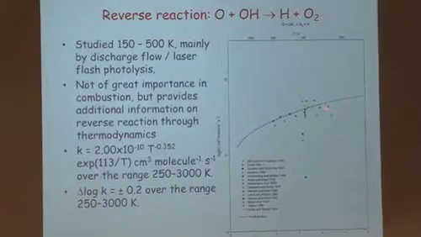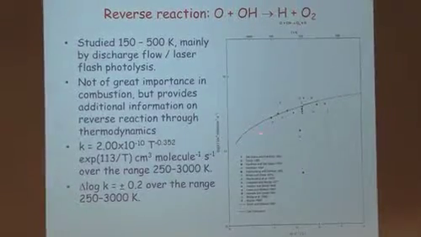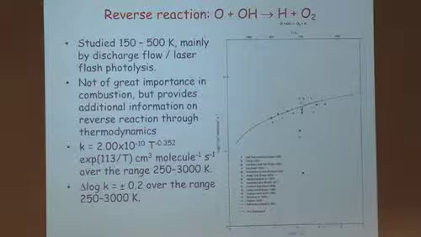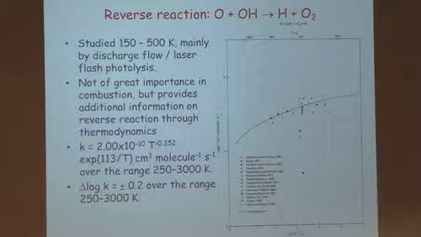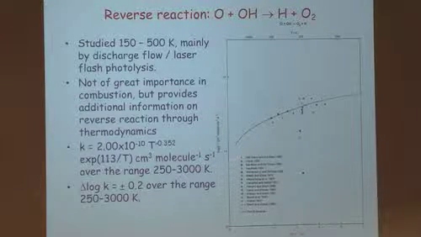This has been studied under low temperature conditions, going up only to about 500 K. But the importance of this study is that it's difficult to look at H plus O2 under these conditions, so it's difficult to look at the reaction in the reverse direction at temperatures below 500 K. And so these give us the reverse rate coefficient, and then with the equilibrium constant, which is very well defined, we can get the forward rate coefficient.